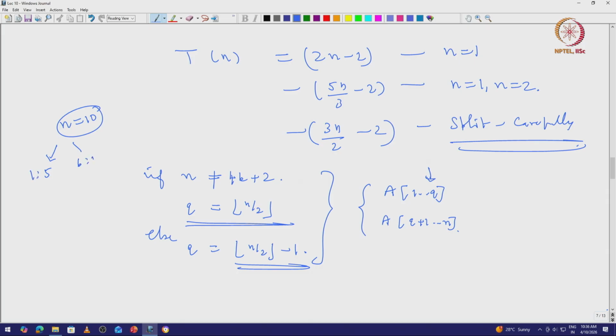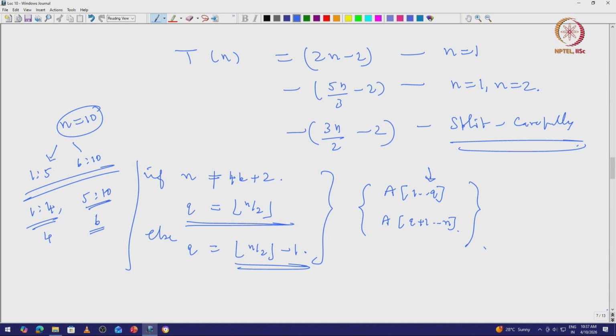But according to this strategy, this is of the form 4k plus 2, therefore, you are going to have q as 4, 1 to 4 and 5 to 10. So, this will have 4 elements and this will have 6 elements. That is how we are going to split.